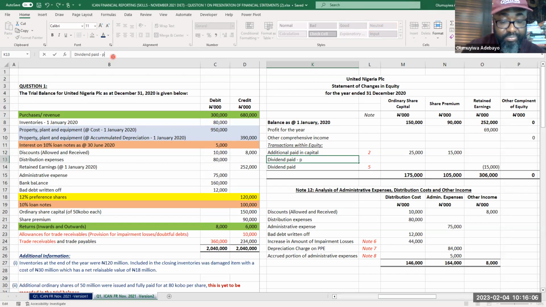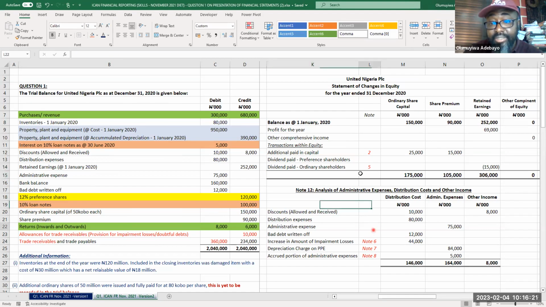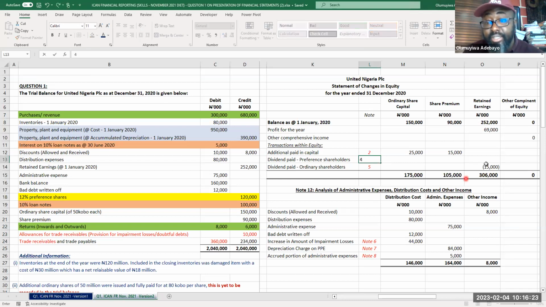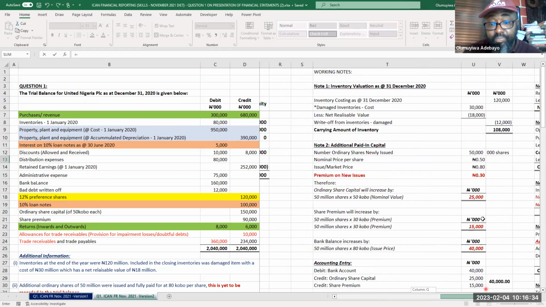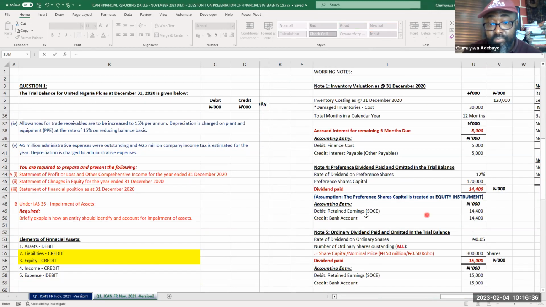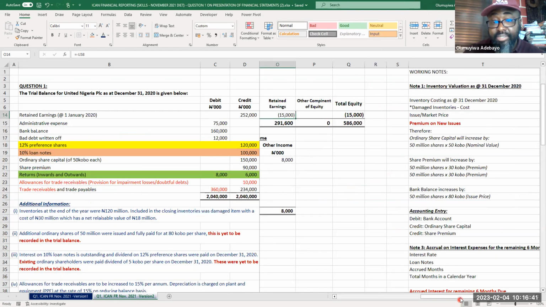Preference share. The second one will be ordinary shareholders. And in that light, this is not 4, I guess. Therefore, not 4, I deduct that.